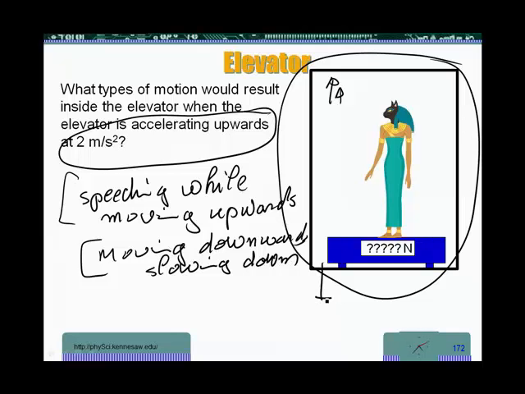So if it is moving down and it is slowing down, that tells us the acceleration is pointing up. That's what we have here, upward acceleration. So in both cases, even though in terms of what you see as a result of the motion, they look quite different, they both talk of motion with an upward acceleration of 2 meters per second squared. That's what matters. And again, everything inside the elevator is accelerating at 2 meters per second squared upwards.